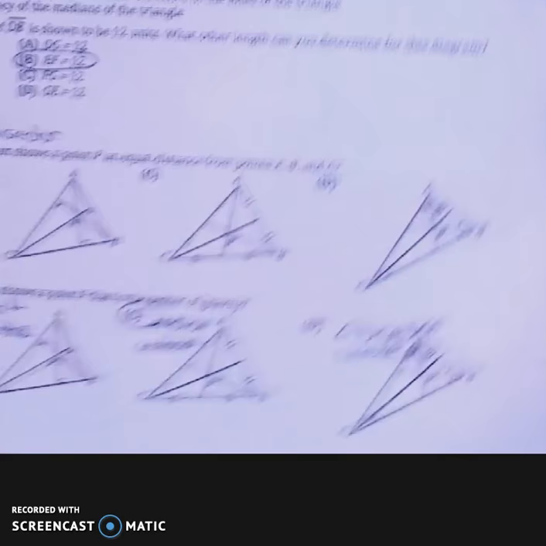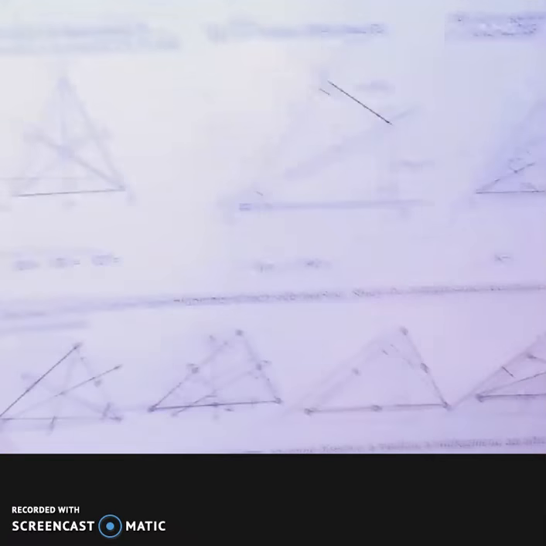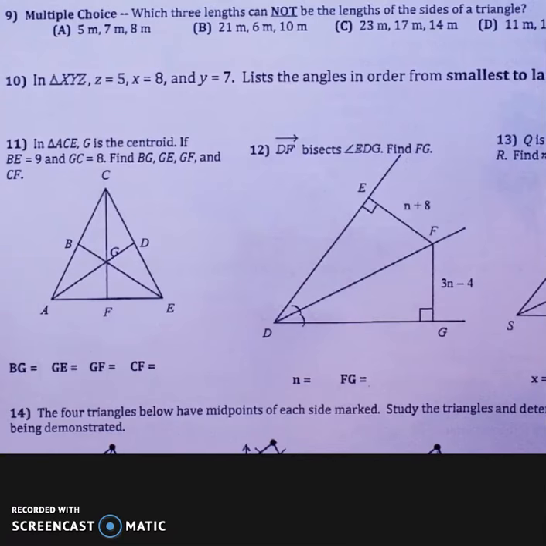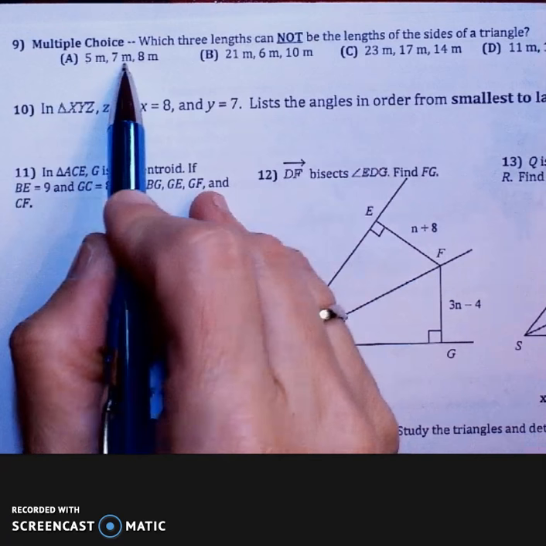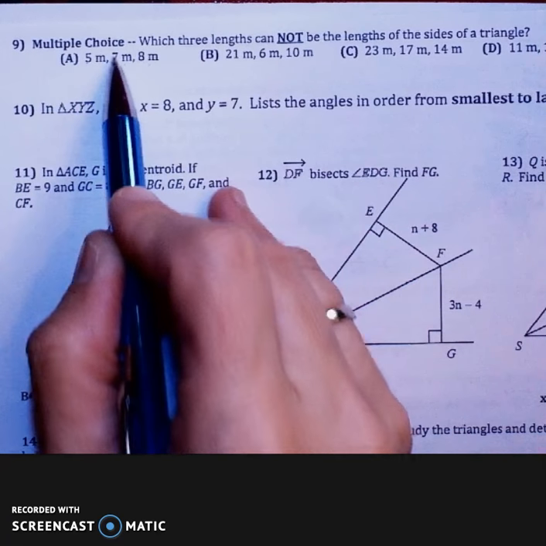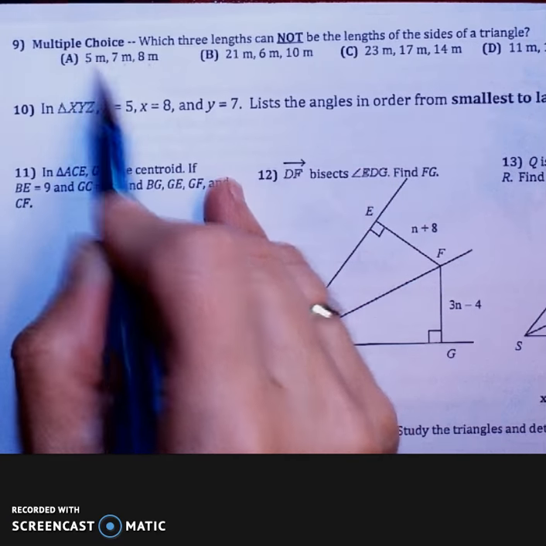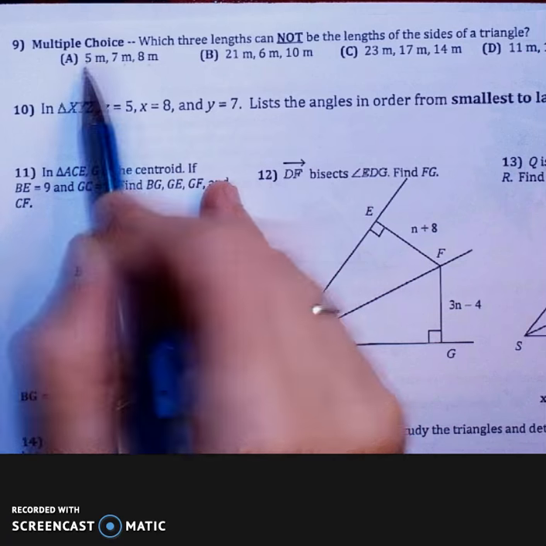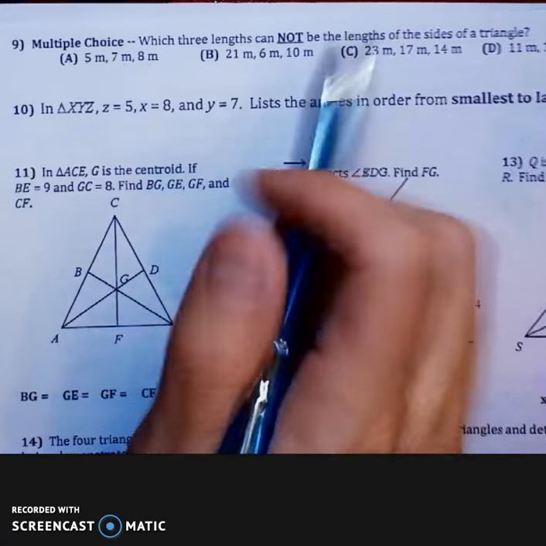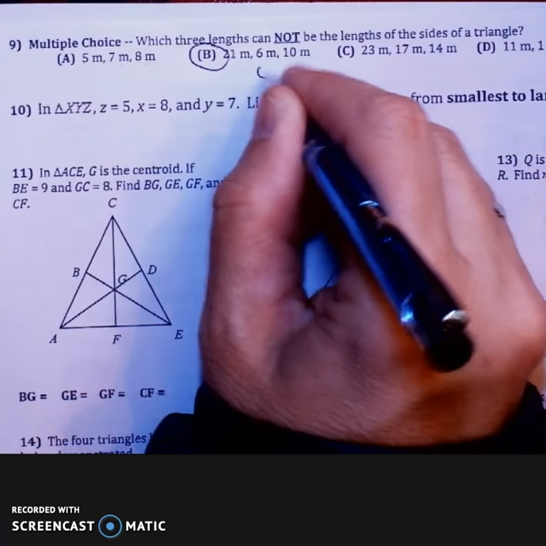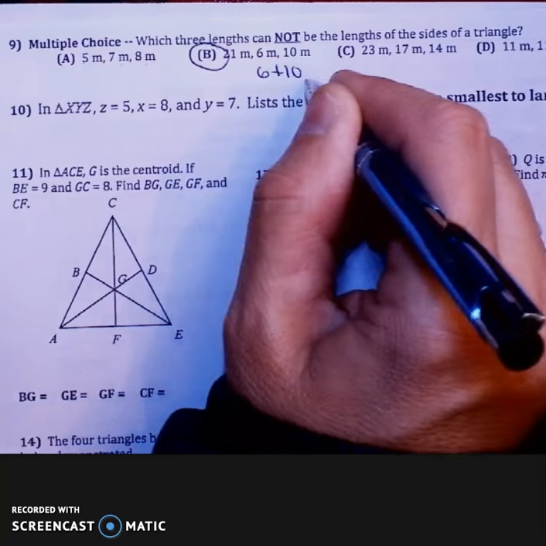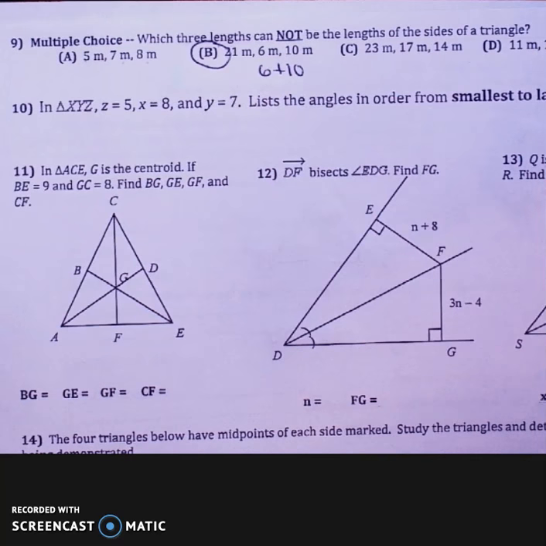Okay, moving on to question number 9. Number 9 wants to know which ones cannot be. When I add 5 and 7, I know that's greater than 8. These two would be greater than, and that one would be as well. Really, the quickest way is to add the smaller 2 and make sure it's greater than the third. So if you look at this one, when you add 6 plus 10, it's not greater than 21, so that's the one that cannot be.